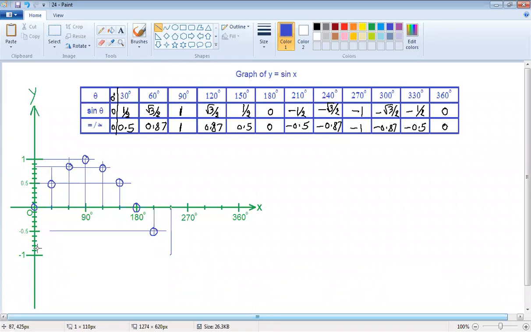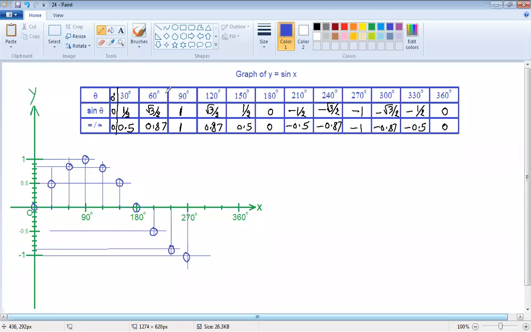So I take the value roughly here. So this point is giving the value of sine 240-degree, and sine 270 is exactly -1. So I take a vertical line from here. This is that point.